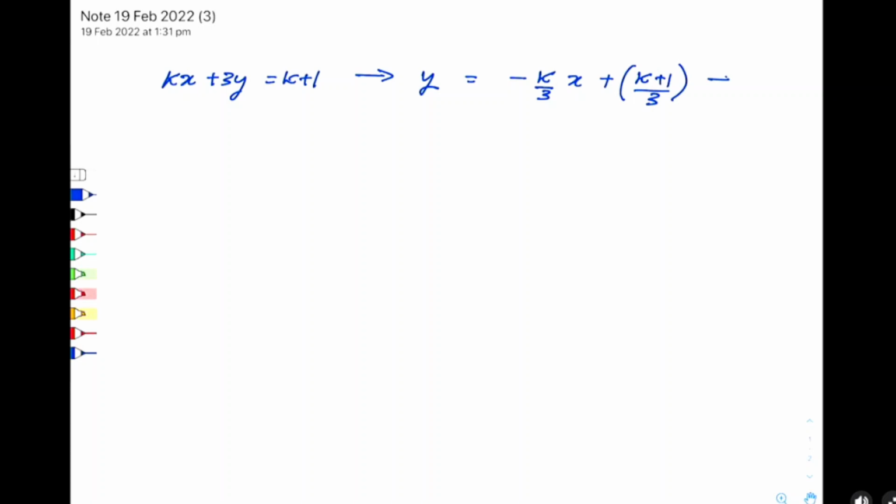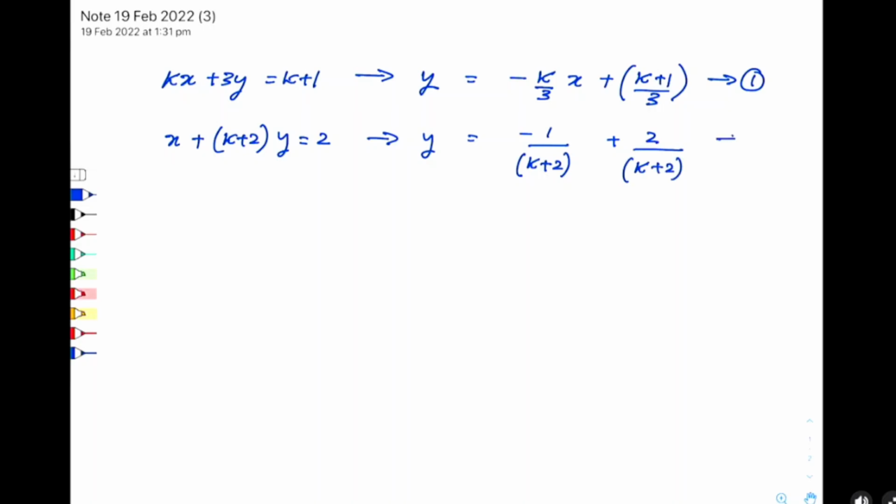So check my calculation, right? Then the second one, x plus (k plus 2)y is equal to 2. So from here you get y is equal to minus 1 divided by (k plus 2) x plus 2 divided by (k plus 2).